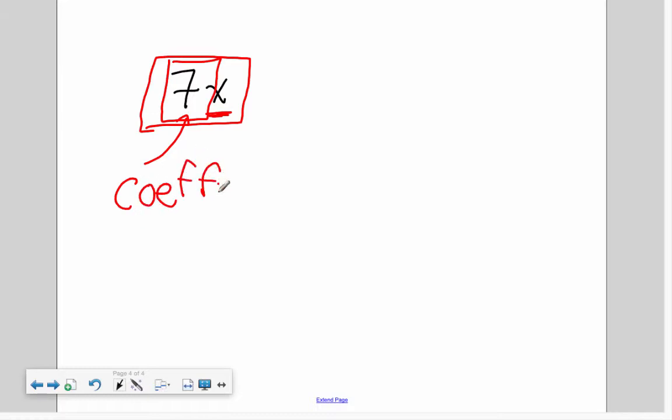Fancy word for number in front of. The coefficient of x. The number in front of x. And that's a term you're going to hear me say a lot in these videos and when we're working in class. So you need to just recognize what it means.